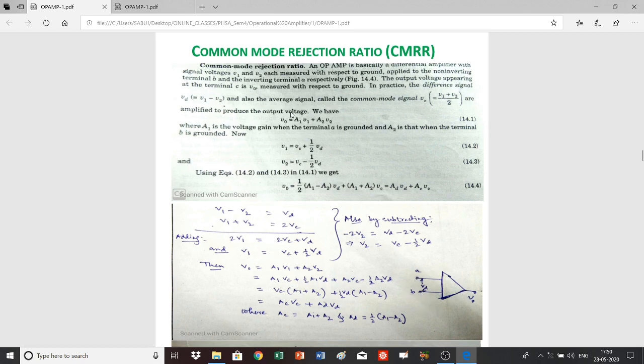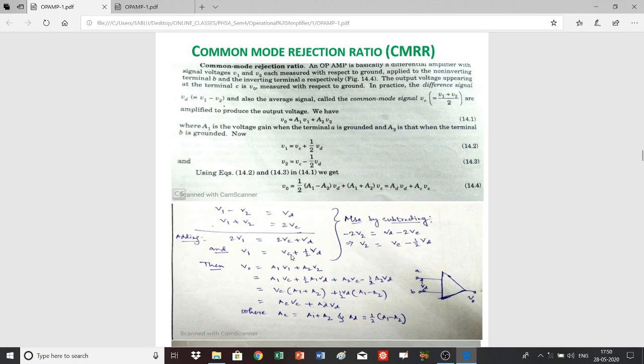Here A1 is the voltage gain when terminal A is grounded, and A2 is that when terminal B is grounded. Then you can write V0 is equal to A1 V1 plus A2 V2.